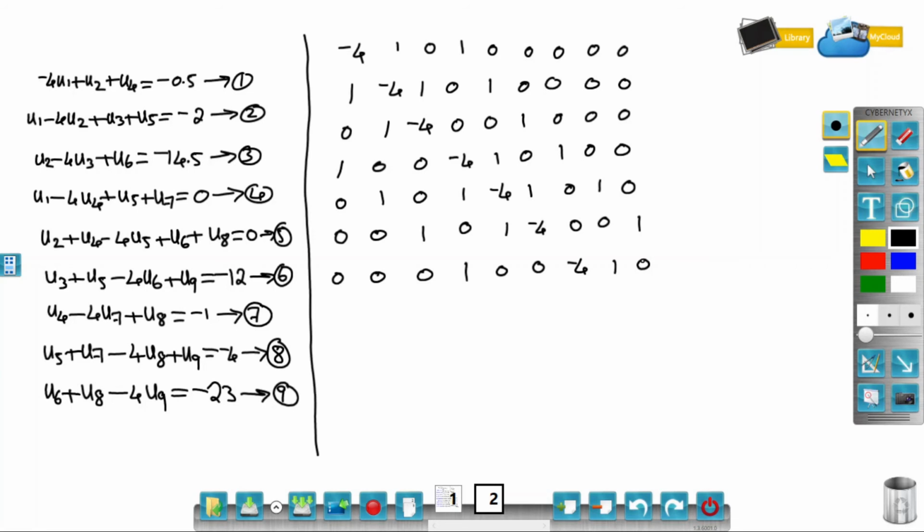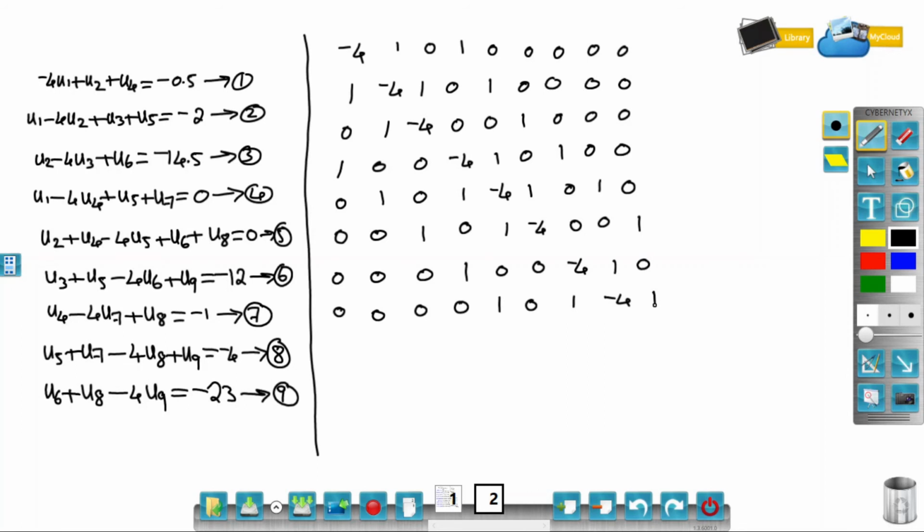That is the seventh equation. In the eighth equation, u1 to u4 are 0, u5 is 1, u6 is 0, u7 is 1, u8 is minus 4, u9 is 1. So that is the eighth equation.